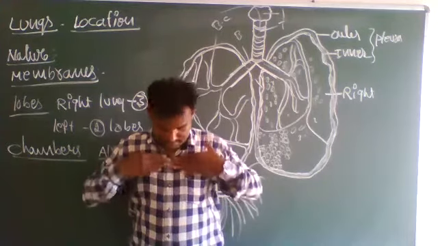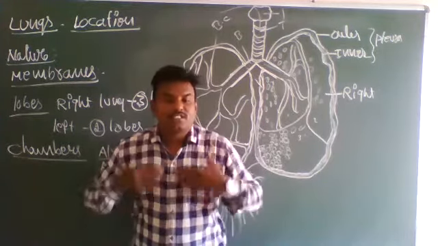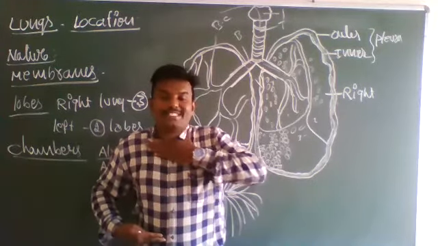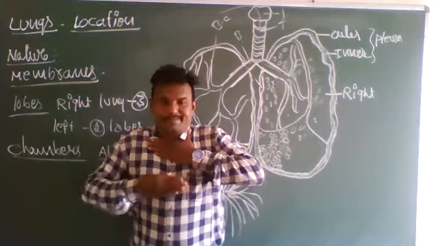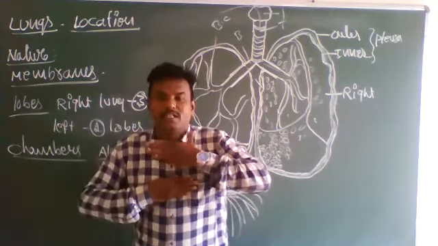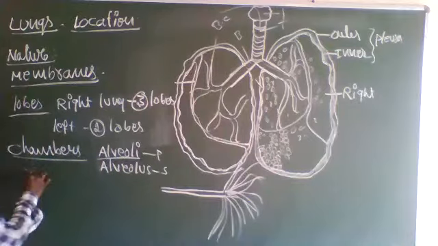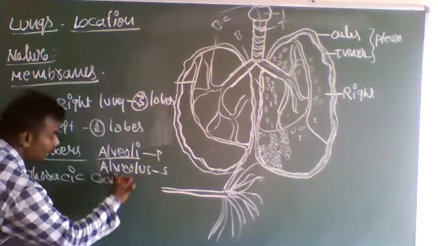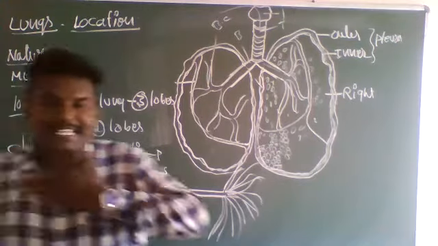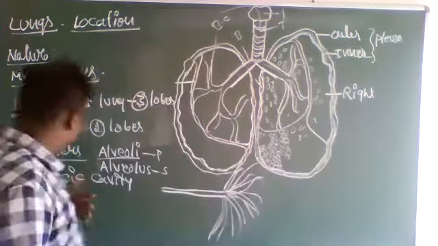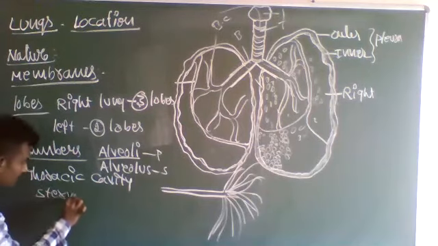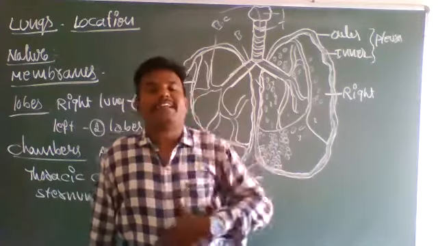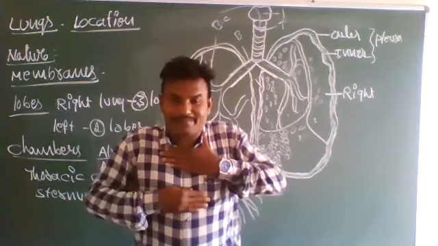This is the ventral region, so on the ventral side lungs are protected by the thoracic cavity, and this is the sternum. Lungs are protected ventrally by the thoracic cavity and sternum.